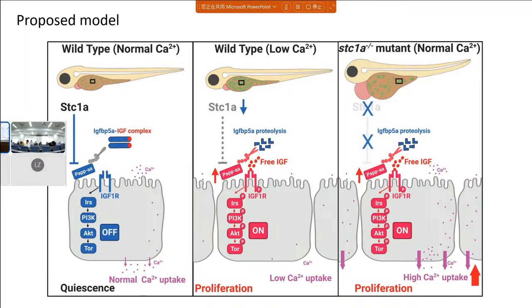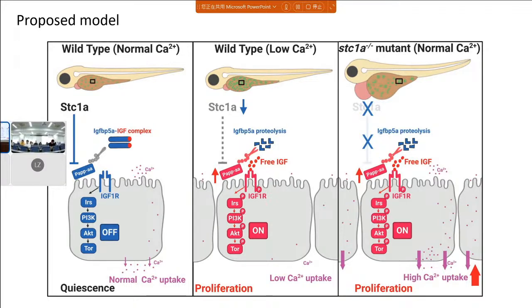While under low calcium conditions, STC1A expression is reduced, thus activates PAPPA IGF binding protein proteolysis. And in this case, the IGF will be released, and then it can bind to the IGF receptor, and thus the IGF signaling pathway will be activated.